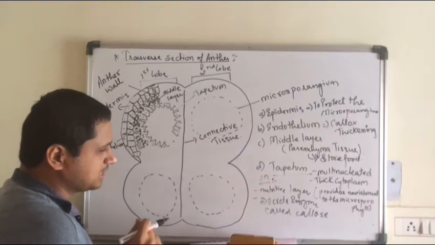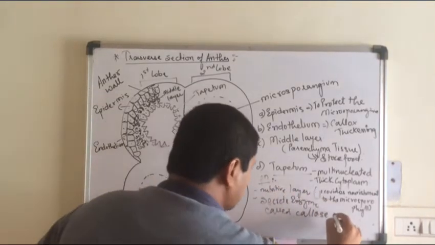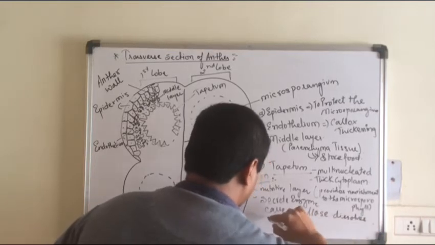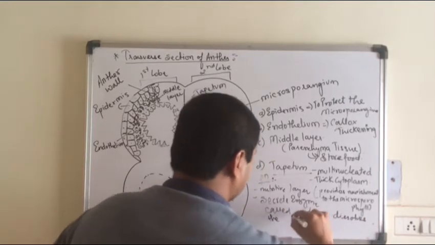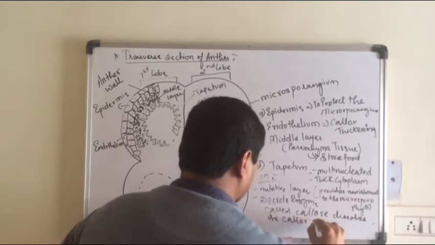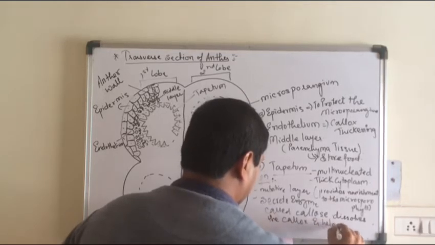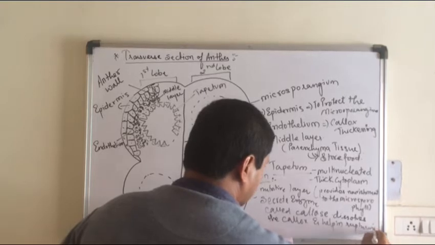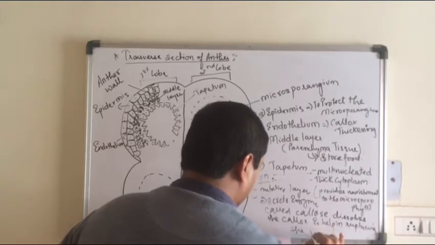This enzyme which is secreted, callase, dissolves the callose and helps in dissolving the tetrad and releasing the pollen grains.